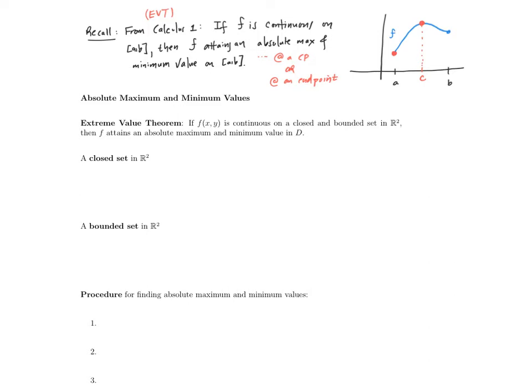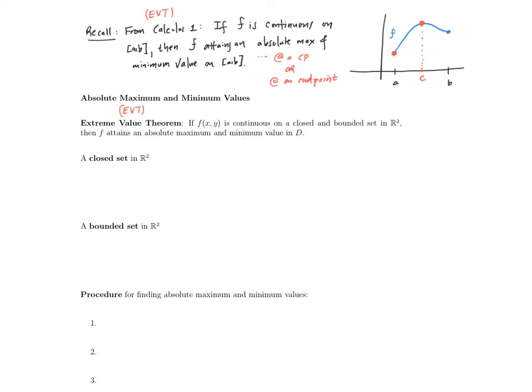So moving on and generalizing this to functions of two variables, once again I will almost always abbreviate EVT for the extreme value theorem. It tells us essentially the same thing. If you have a function which is continuous on a closed and bounded set D in R2, then f attains an absolute maximum and minimum value in D. And note the similarity.